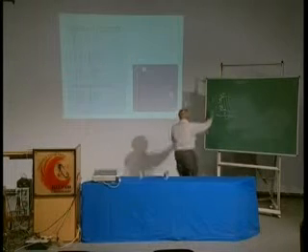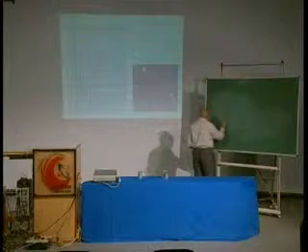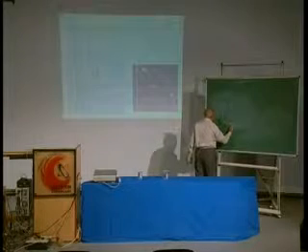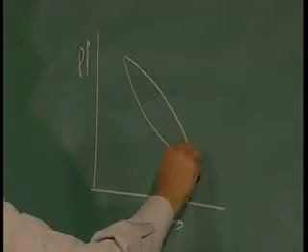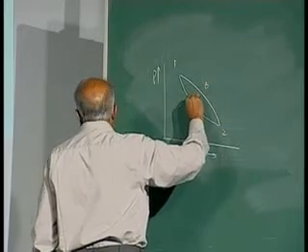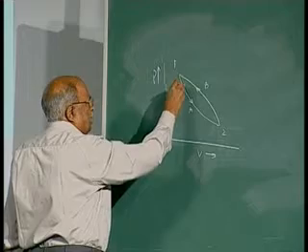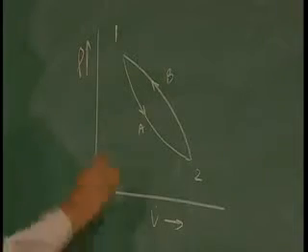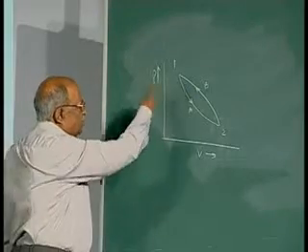To prove that dQ by T is a property, let us take a particular cycle where the system moves from 1 to 2 via path A and from 2 to 1 via path B, both processes being reversible, and that executes a complete cycle.